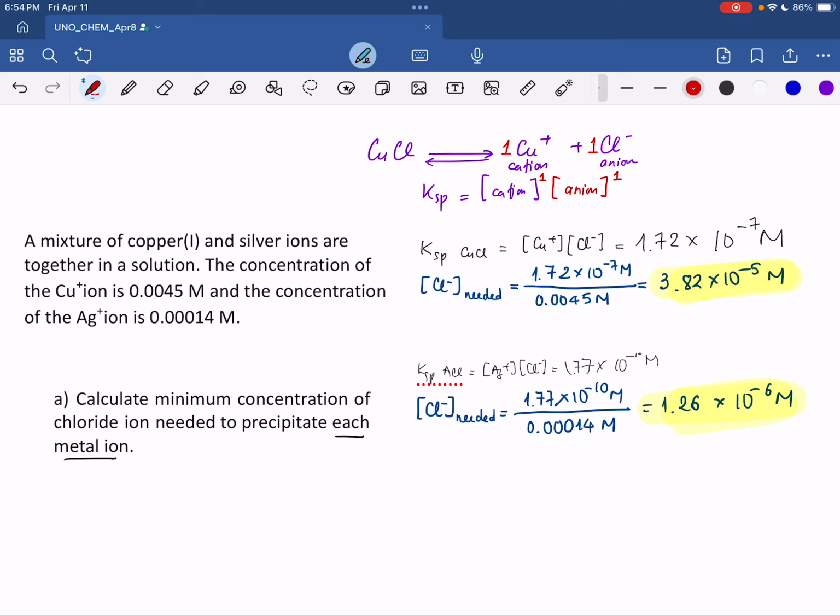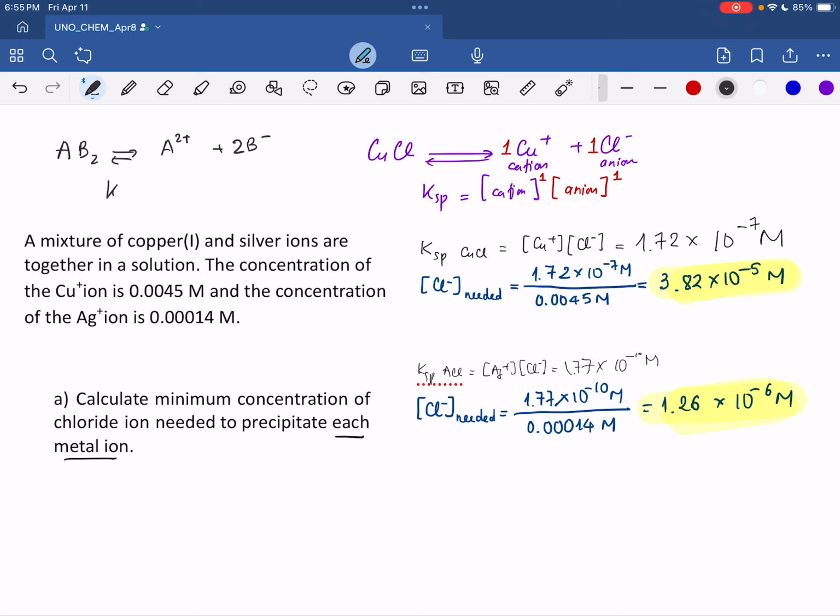But if you have another kind of salt, let's just say AB2, for example, where A is the cation, that should be 2+, right? And B will be just 1−, but there are 2 of them.